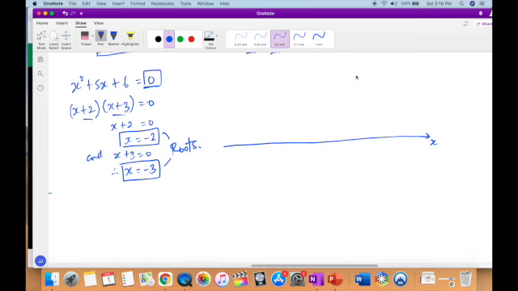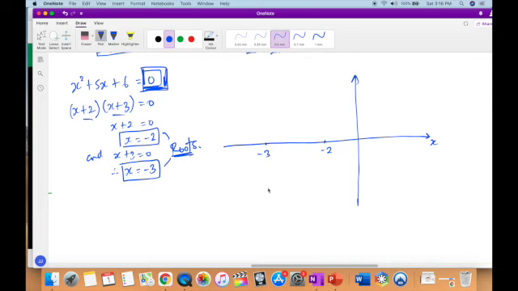And what we can see here is that when we find the two values of x, the roots, we are actually finding where the curve cuts the x-axis. It will cut the x-axis at y is equal to 0. So that is why we put y is equal to 0. So we could see that this will cut the axis at negative 2 and negative 3.